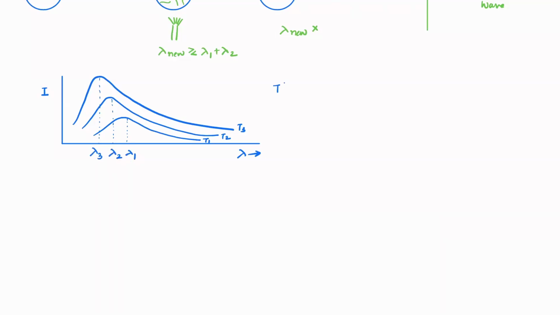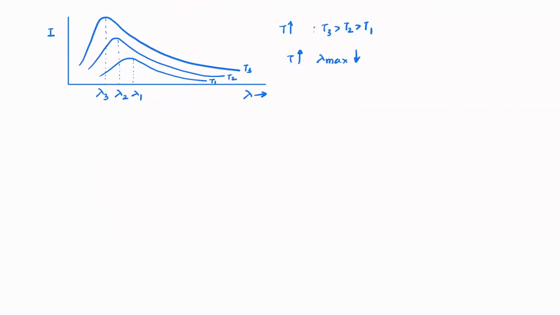Now, as the temperature increases, that is T3 greater than T2 greater than T1, lambda max decreases. That means as you increase the energy, that is the temperature, the wavelength of maximum intensity keeps decreasing. Got it? So here there are two things we can observe.